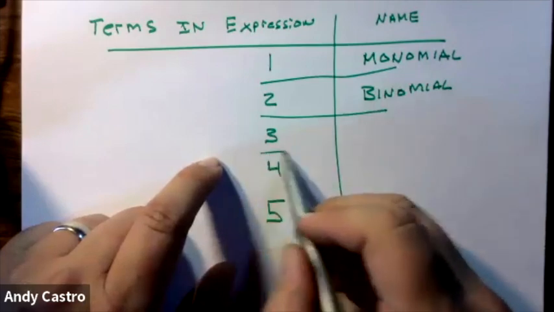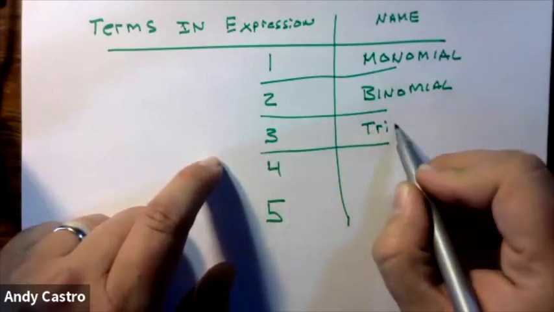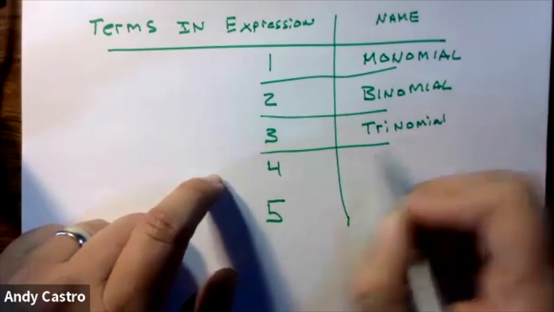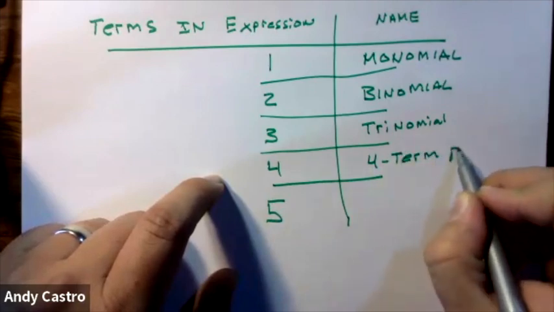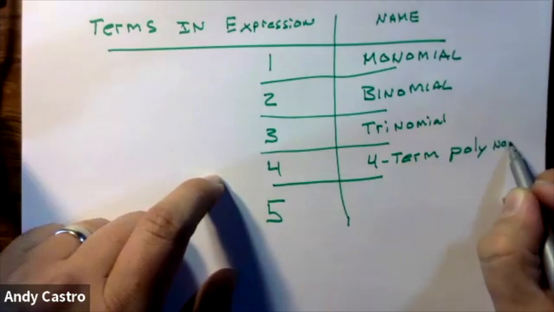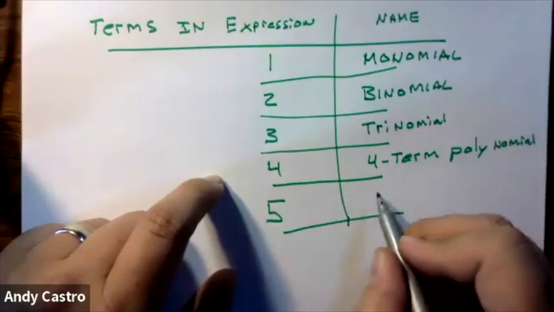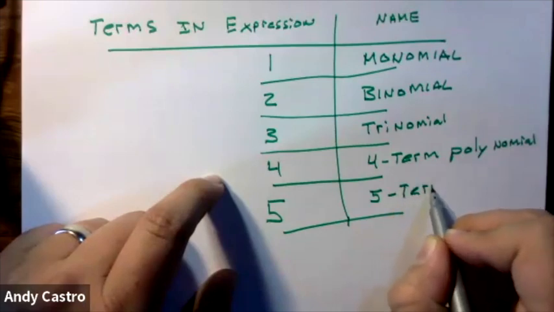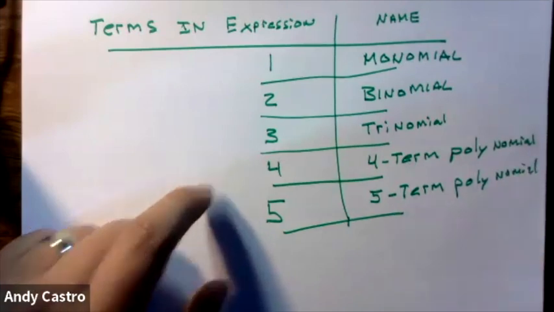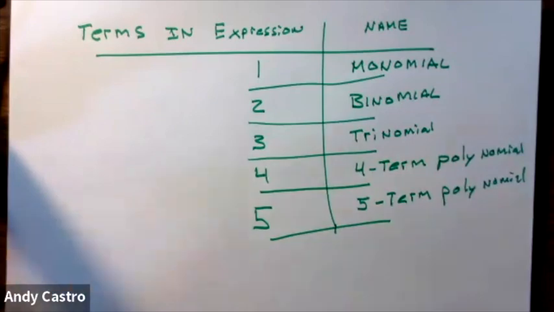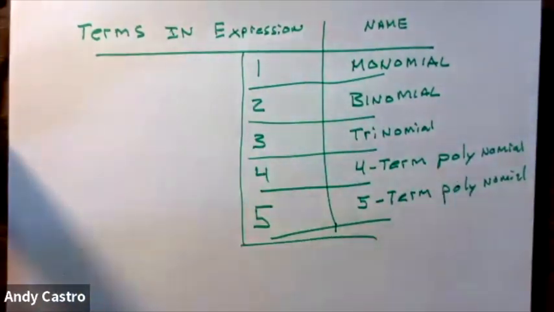If there's 3 terms, it's called a trinomial. If there's 4 terms, it's called a 4-term polynomial. If there's 5 terms, it's called a 5-term polynomial. All right. Make sure that this chart's easily accessible for your homework, because that'll help you get the names down, because you won't be able to use notes on your quiz, and you'll need to be able to recognize the correct name. All right, any questions?